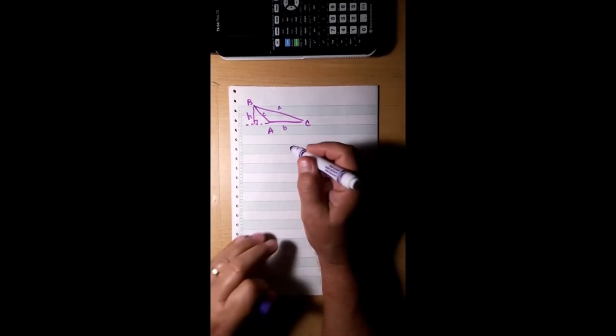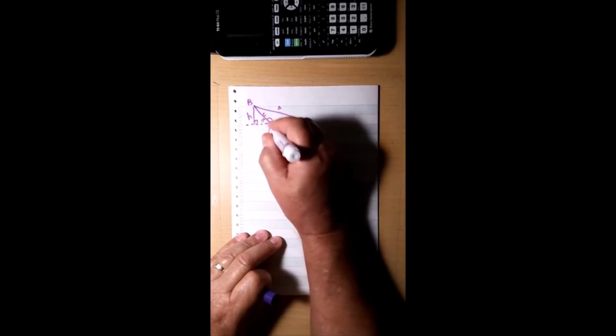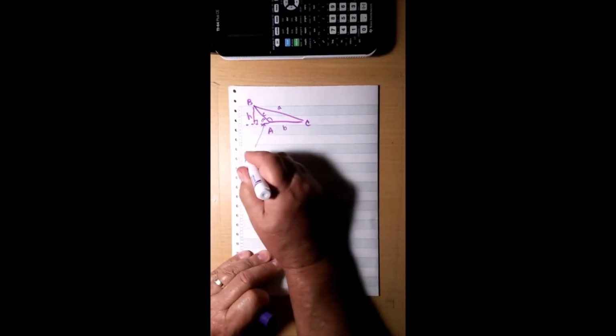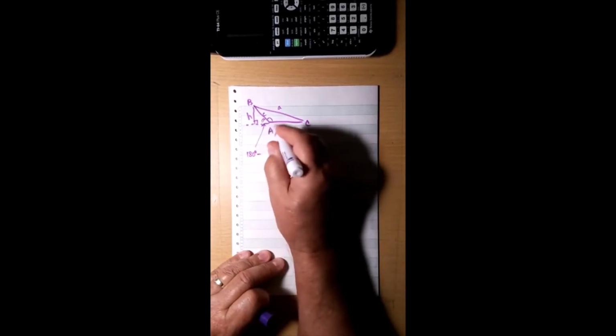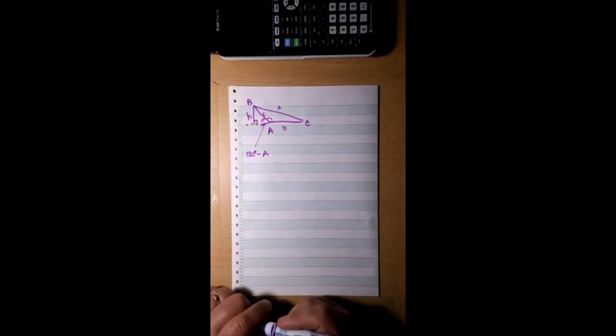Now, this is angle A right here. What is this angle right there? Well, it's 180 degrees minus angle A, right? We have to keep that in mind.